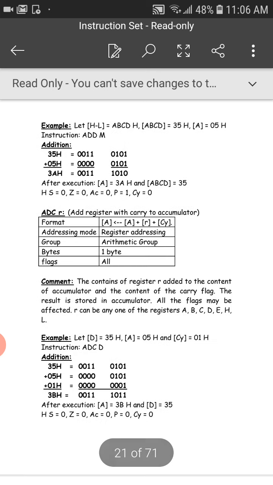See here, your 35H plus 05H, that is your binary format.